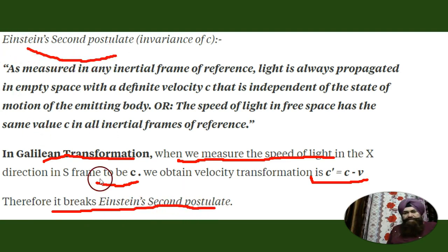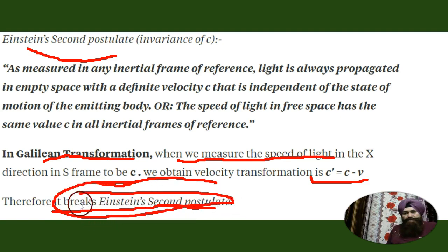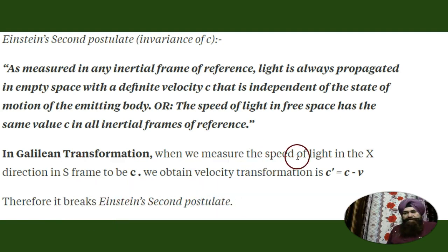But this is a contradiction against Einstein's postulates. Therefore, Galilean transformation breaks down if the velocity approaches the velocity of light. That's a limitation of the Galilean transformation equations.